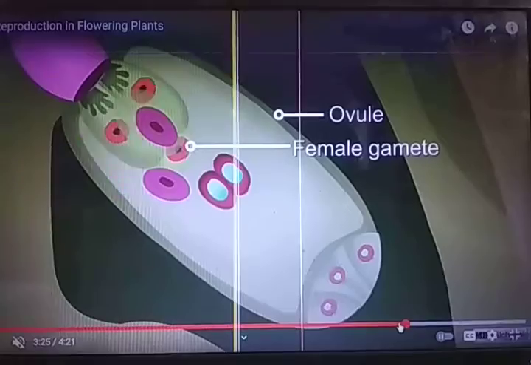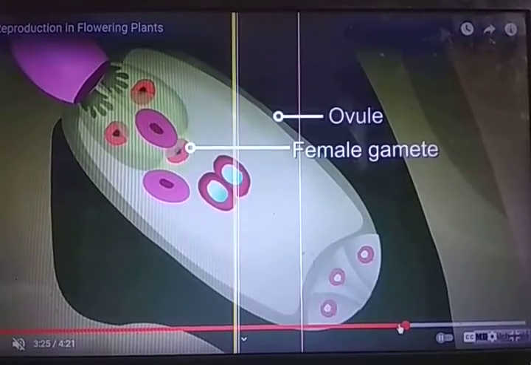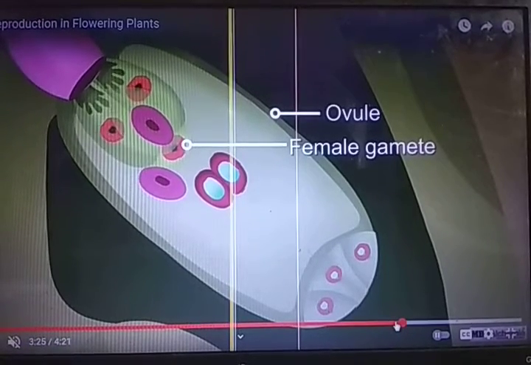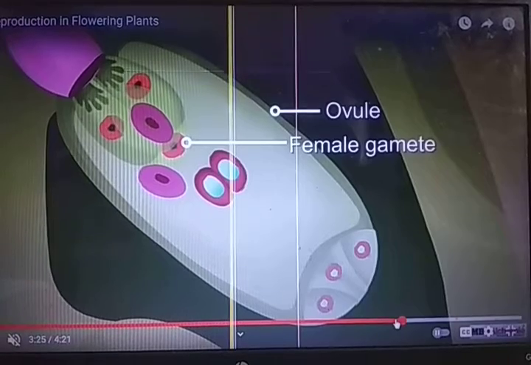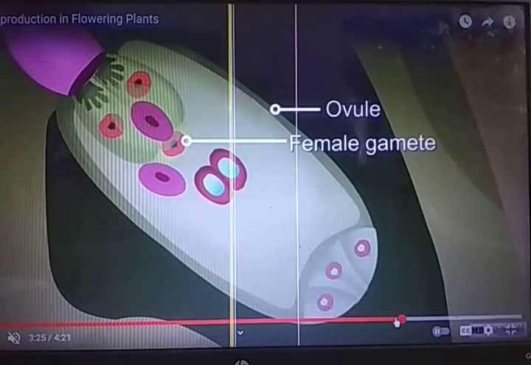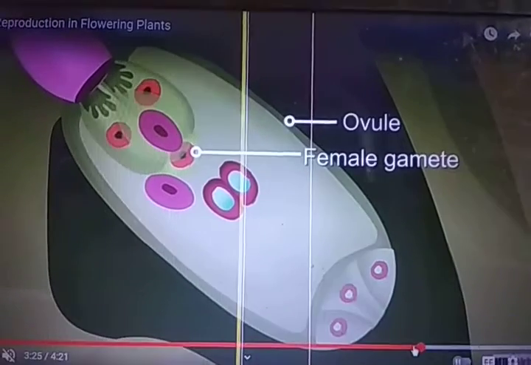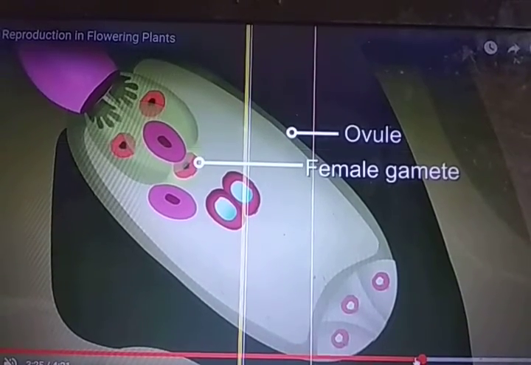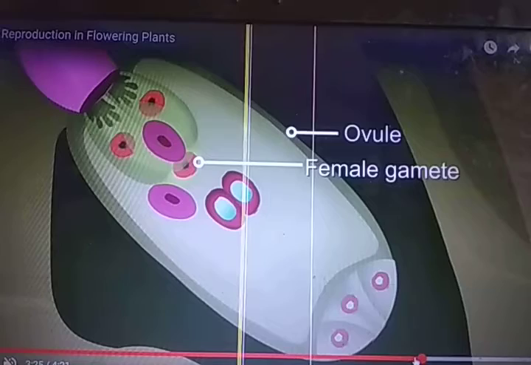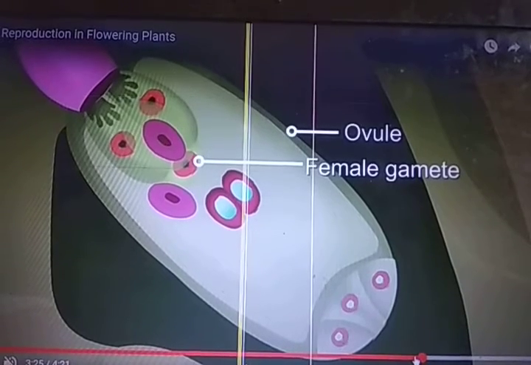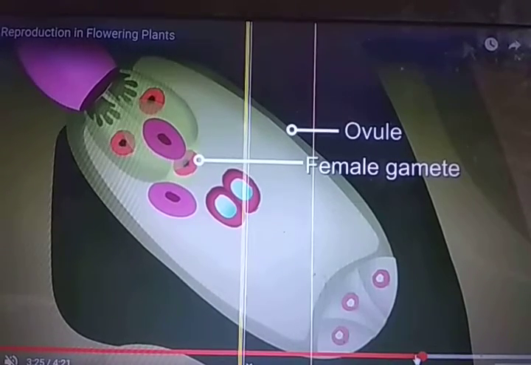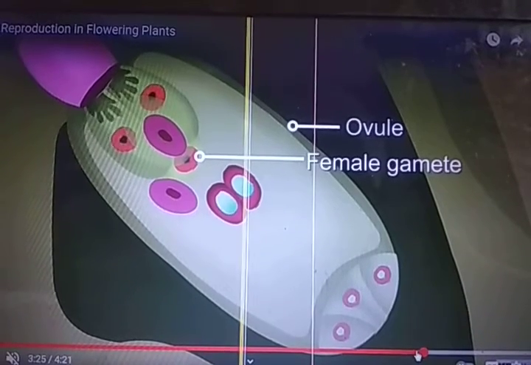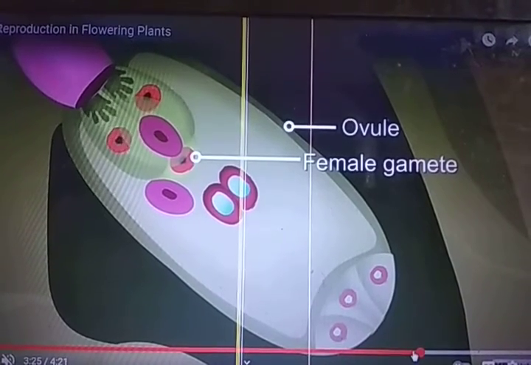Inside the ovule, the male gametes fuse with the female gamete, and two male gametes fuse, and this is what we call double fertilization. Double fertilization means the fusion of two male gametes brought by a pollen tube with different structures of the same embryo sac, one forming the embryo and the other forming the endosperm.